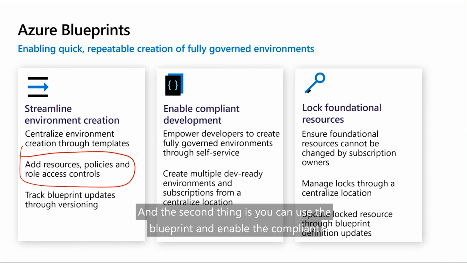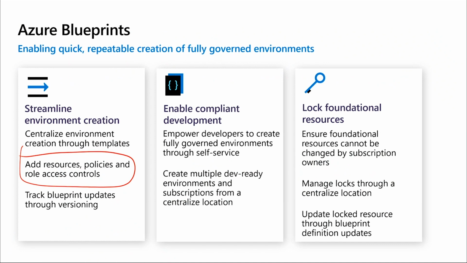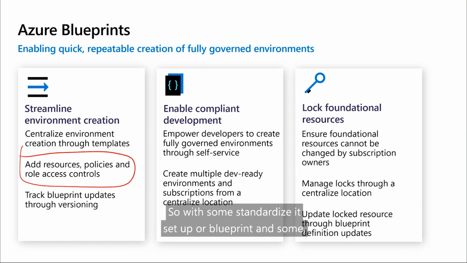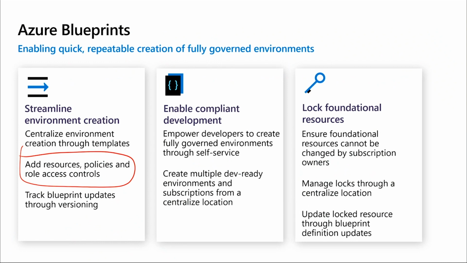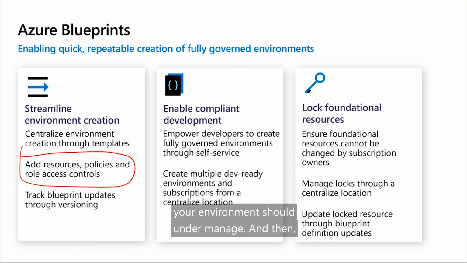And the second thing is you can use the blueprint to enable compliant deployment. So with some standardized setup or blueprint and some locked policy, your environment should be under management. And then the third thing is you can lock the foundational resources.